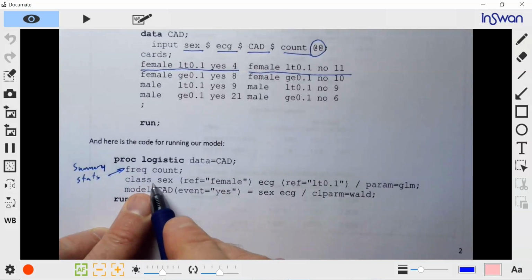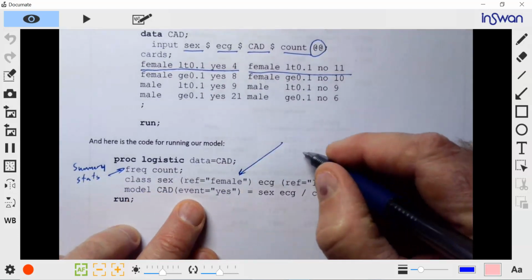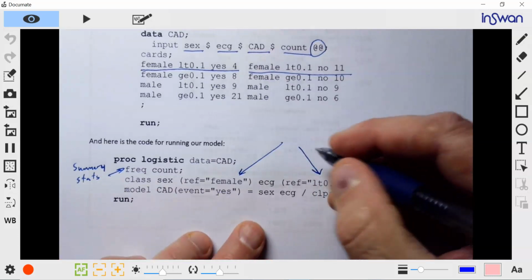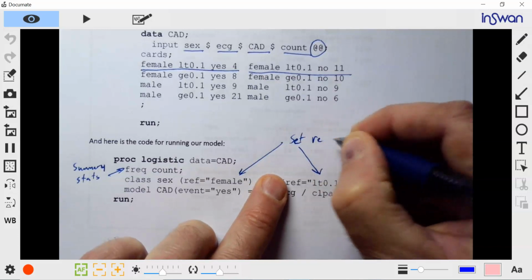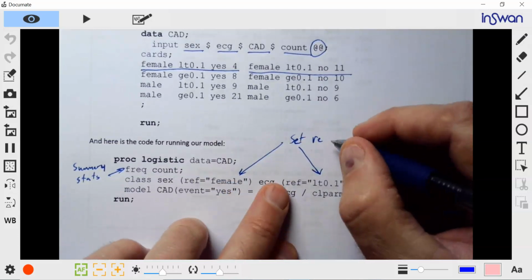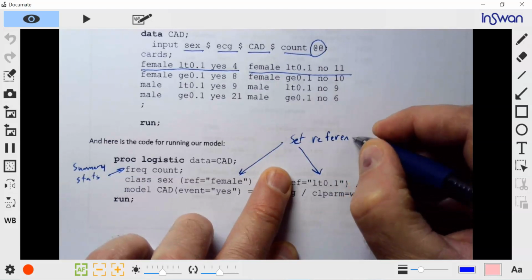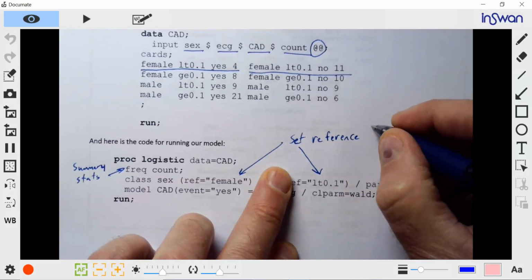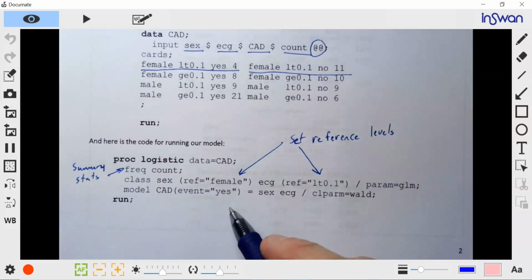I'm going to put both of my explanatory variables in the class statement, and I'm going to set the reference levels for both of them. I don't want SAS to pick the reference levels. I'm going to set them. You could let SAS do it. Remember that if you use a class statement, SAS will do everything alphabetically. And it turns out that SAS also, by default, will pick the level of your response variable alphabetically.